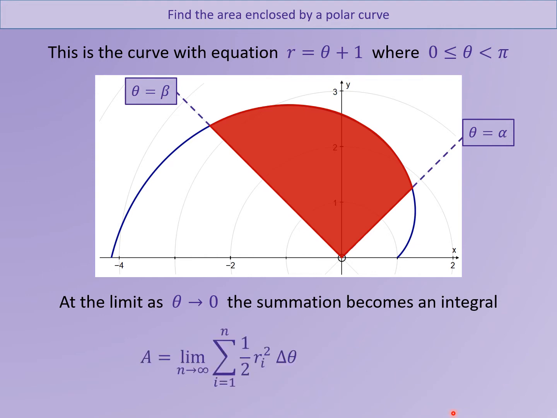I could write it as half r squared d theta, for your change in theta, between the limits alpha and beta. So I'm starting at alpha, going to beta, changing that theta value by a very small amount each time, and I can work out the r value for each of those, square it and half it. So that's where this formula comes from.